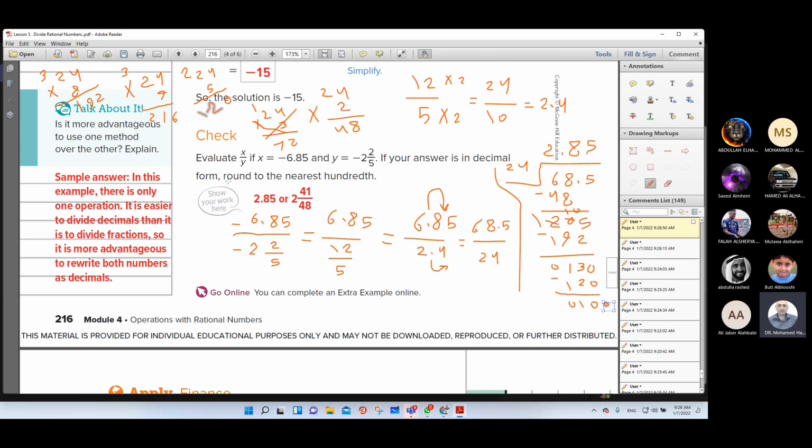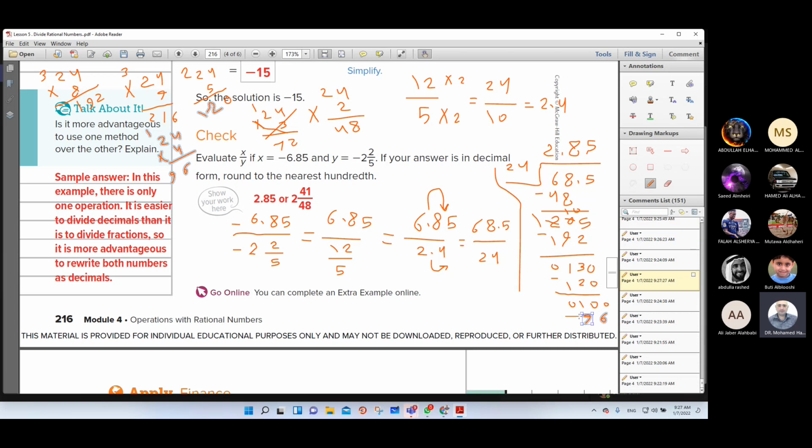And here it says in the question, round to the nearest hundredth. So 100 divided by 24. When you multiply by 5, you will get 120. Try to multiply by 4. 24 multiplied by 4: 4 times 4 is 16, and 4 times 2 is 8 plus 1 is 9. You will get 96. 100 minus 96 will be 4.